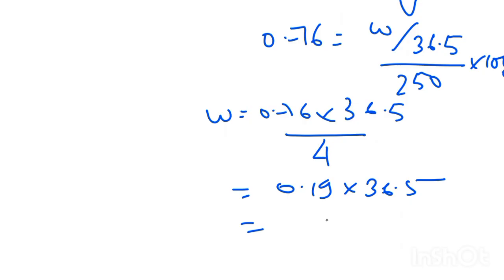So let's assume it to be 0.2 times 36.5, which comes out to be 7.3.